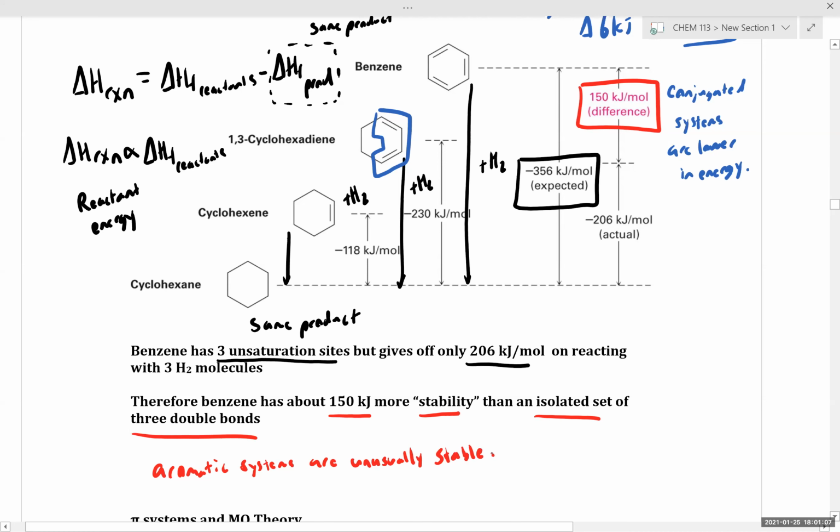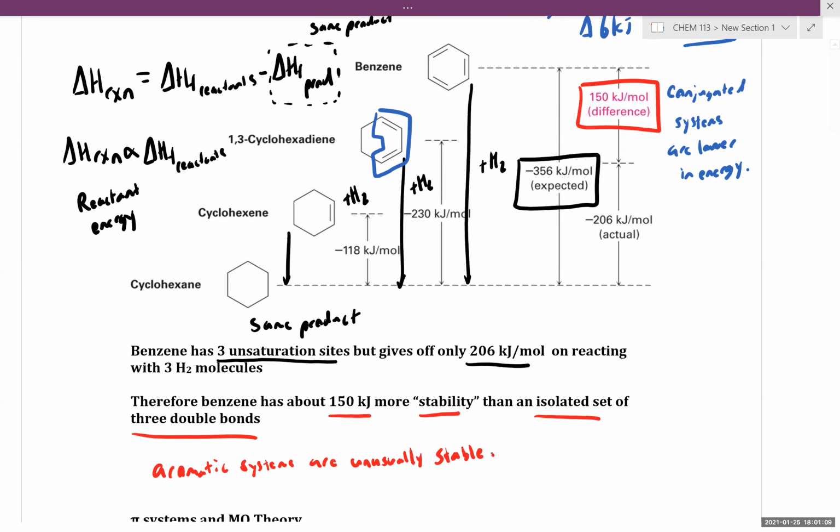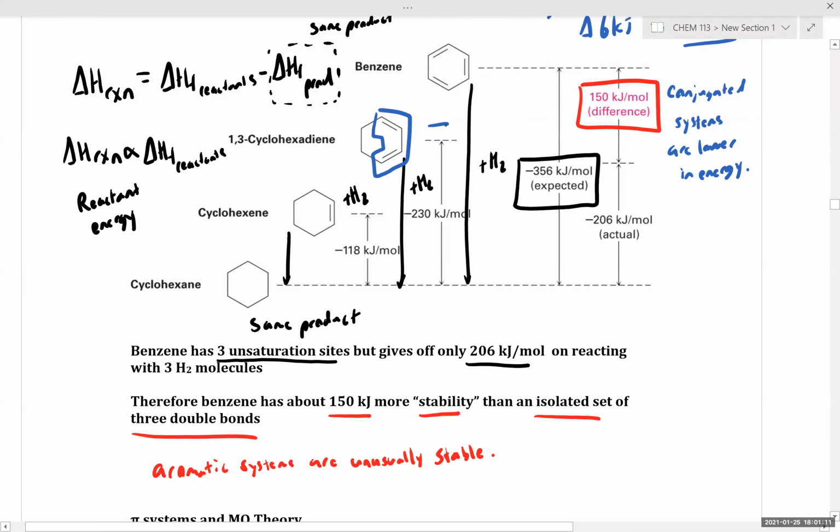And further, if we think about the difference between a conjugated system and an aromatic system. So for cyclohexadiene, we got about 6 kilojoules of stabilization by having our double bonds conjugated. Now, if we added another conjugated double bond, we'd expect an increase of around 6 to 12 kilojoules, right, based on this trend.